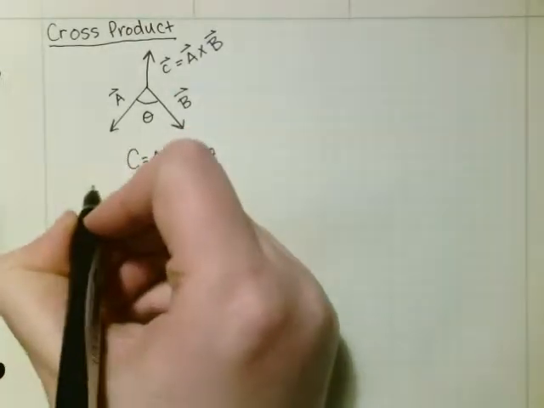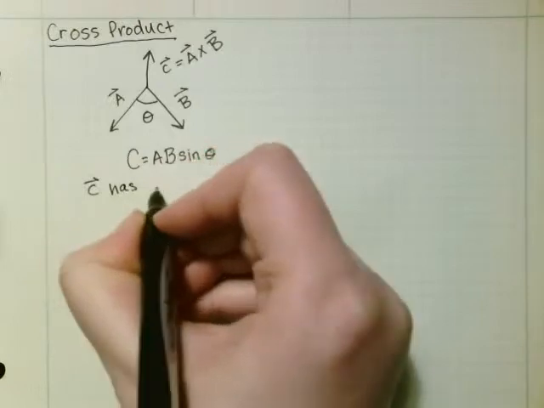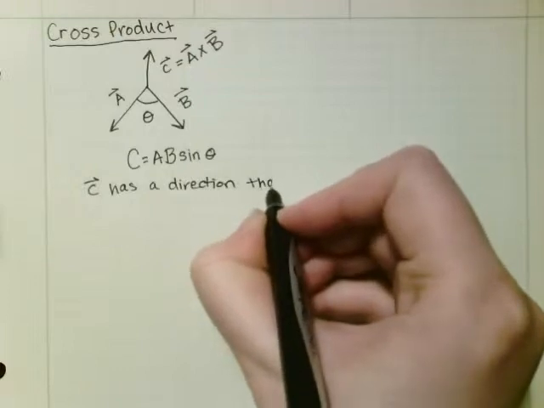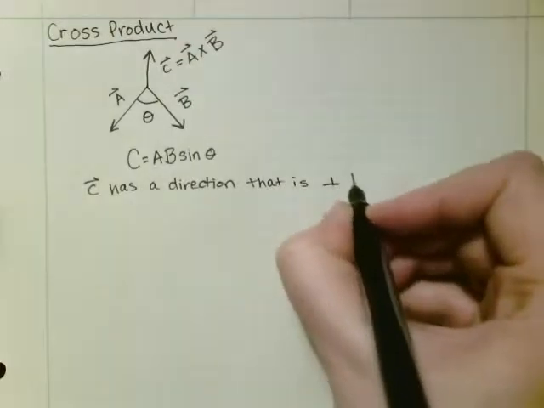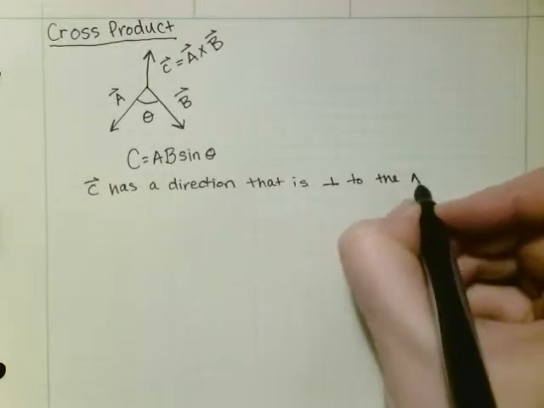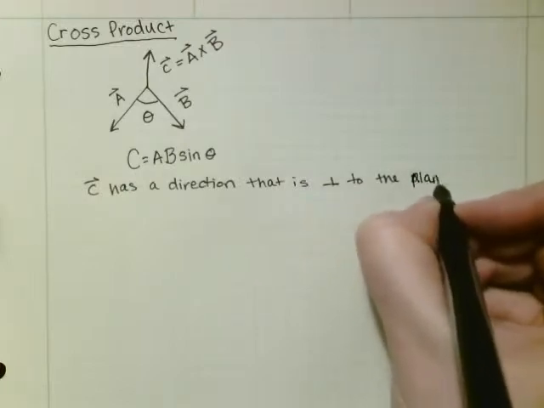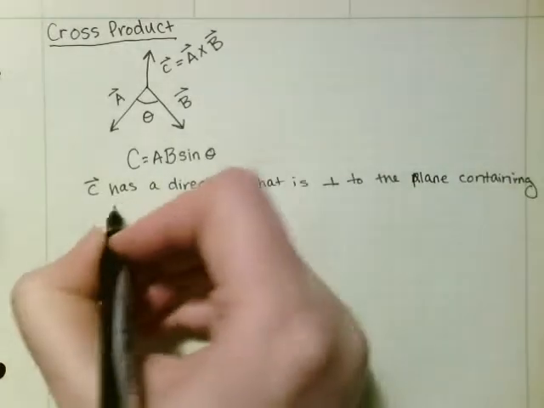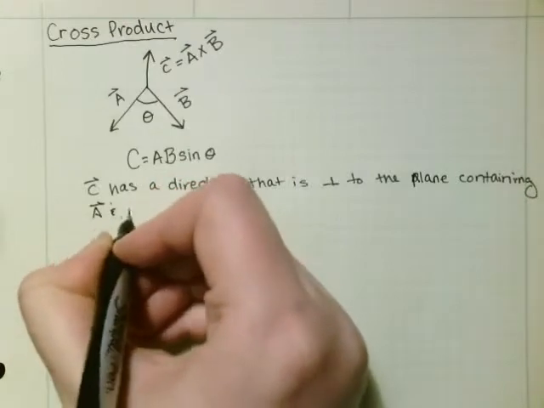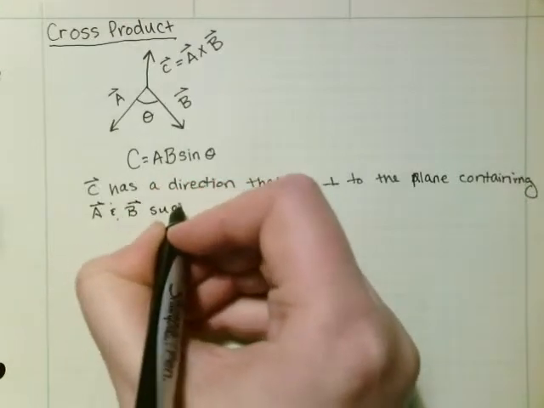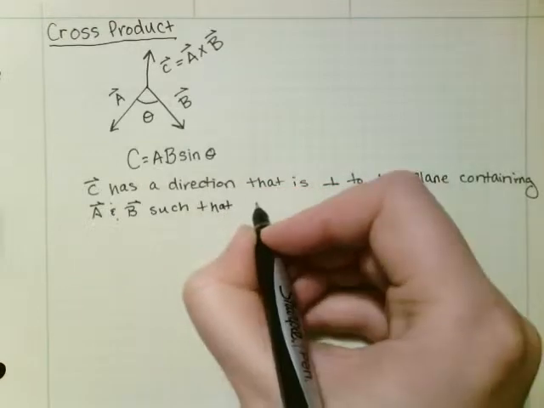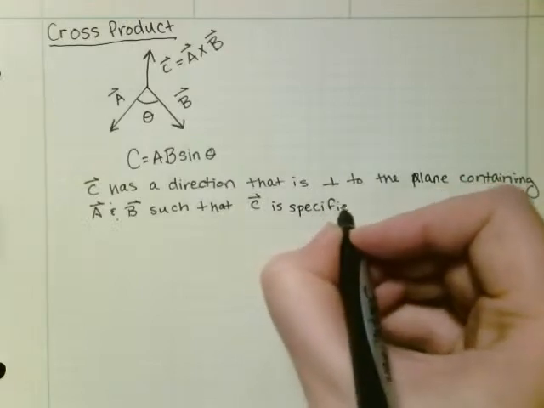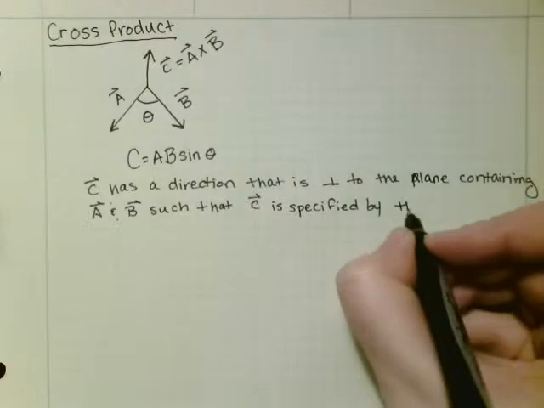Alright, so C has a direction that is perpendicular to the plane containing A and B, such that C is specified by the right-hand rule.